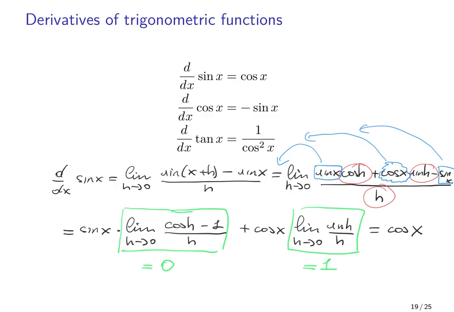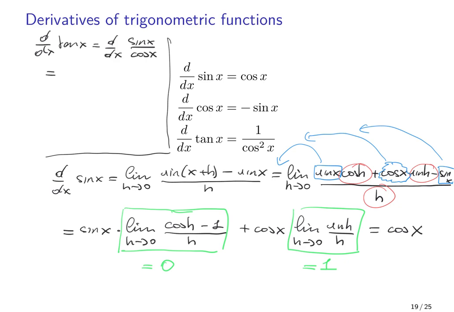The second rule you can derive in pretty much the same way, so I'm not going to do that. Let's have a very quick look at the last rule, the derivative of tangent. So let's make a bit of space here. d/dx of tangent of x is d/dx of sine x divided by cosine x.